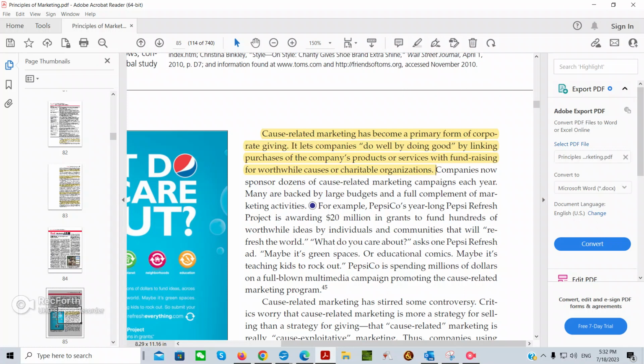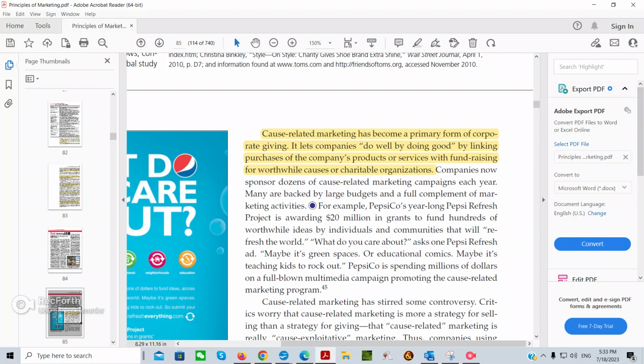Many are backed by large budgets and a full complement of marketing activities. For example, PepsiCo's year-long Pepsi Refresh project is awarding $20 million in grants to fund hundreds of worthwhile ideas by individuals and communities that will, quote, refresh the world, unquote.